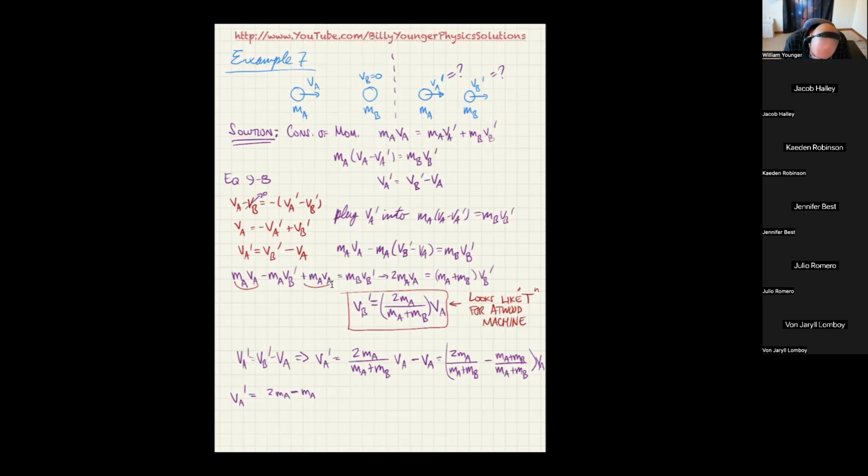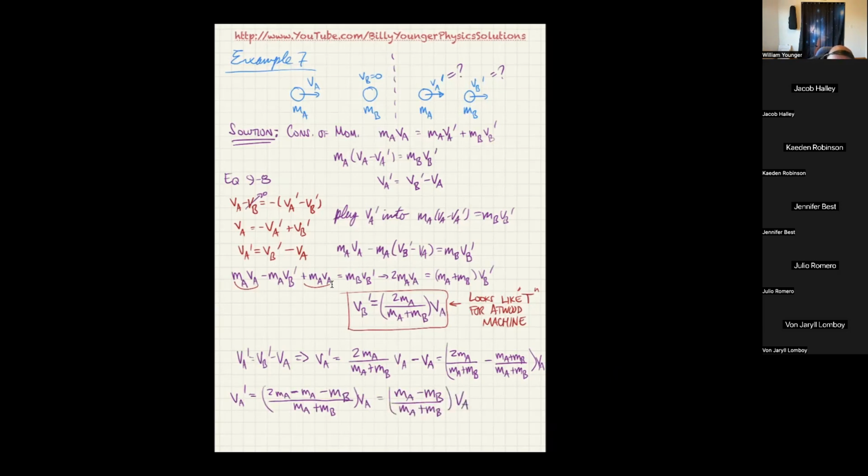So it's minus MA minus MB, all of that divided by MA plus MB, and then all of that multiplied by VA. 2MA minus MA is actually just equal to MA minus MB over MA plus MB, and all that's times VA.